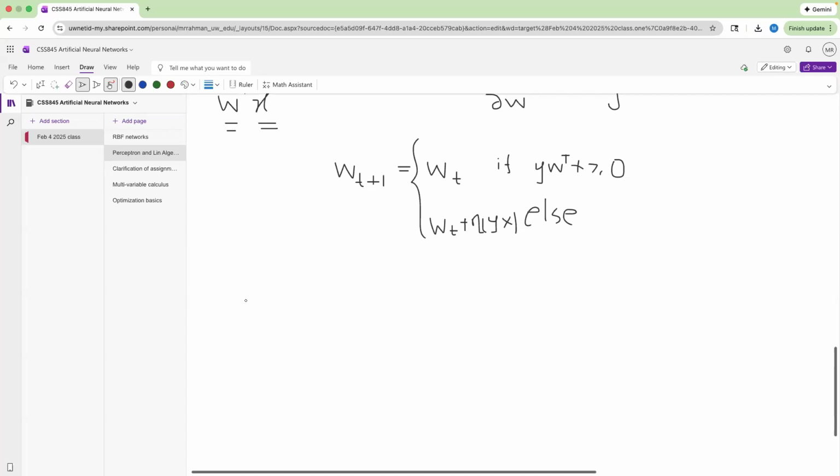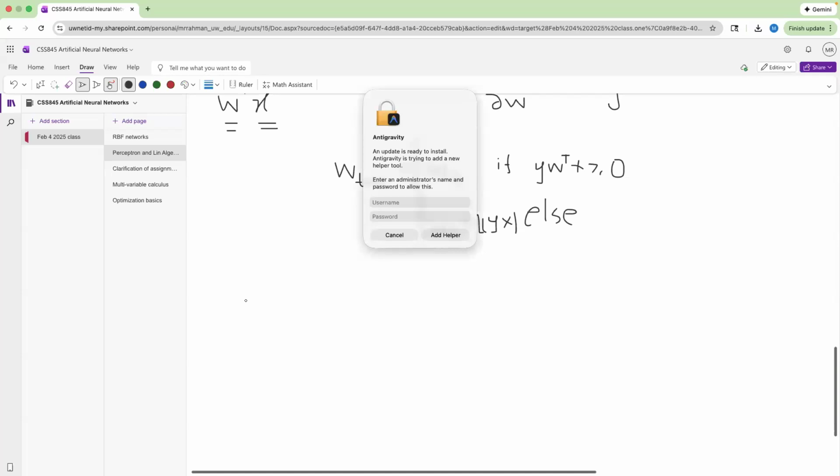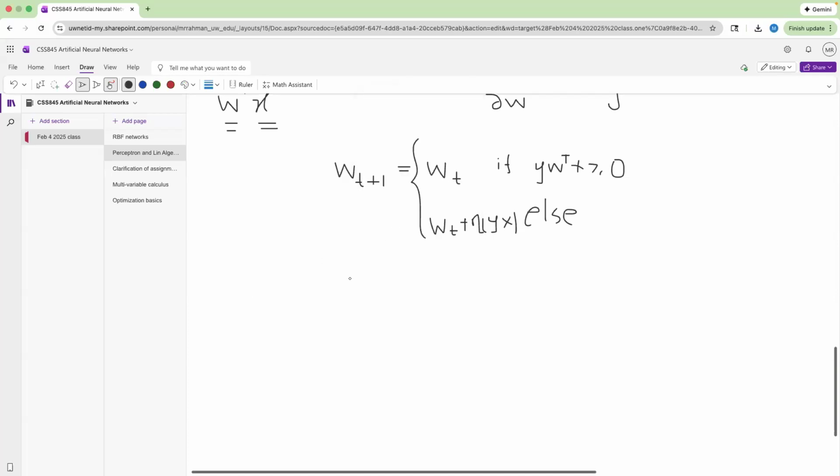So in the last class we also gave some intuition as to why the perceptron algorithm might work, right? We looked at when this term y w transpose x is negative, that means that the angle between w and x is wrong, right? We try to fix that by updating w such that the angle is correct for each value, right?